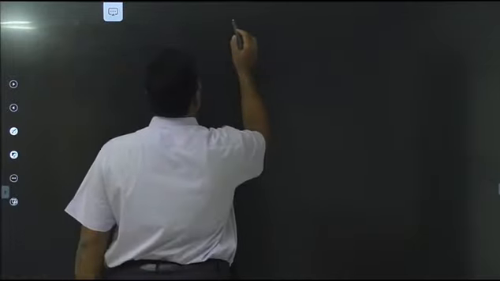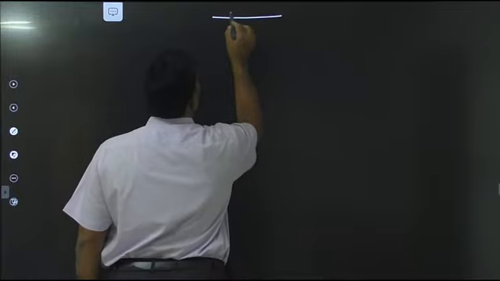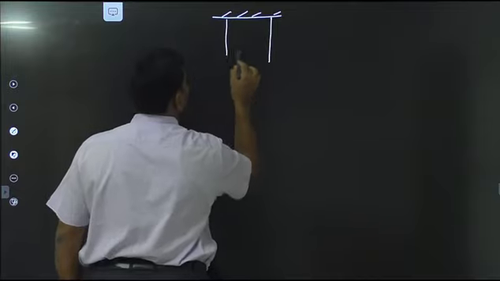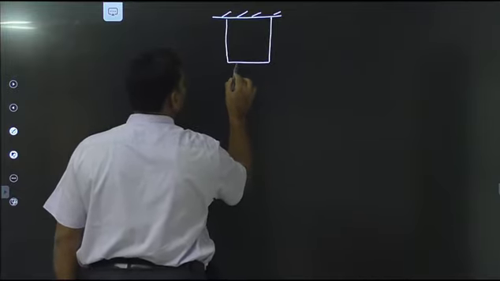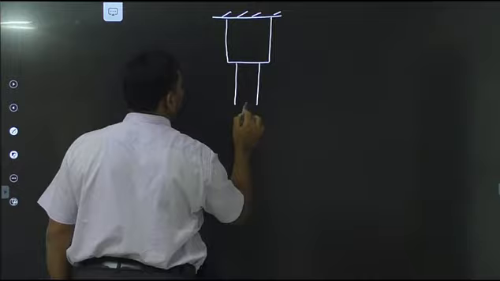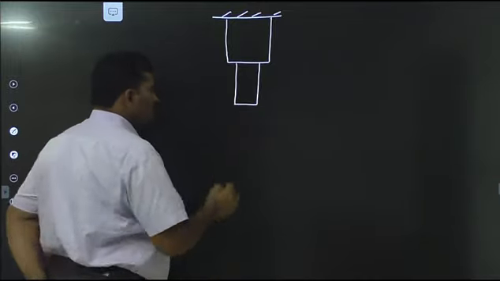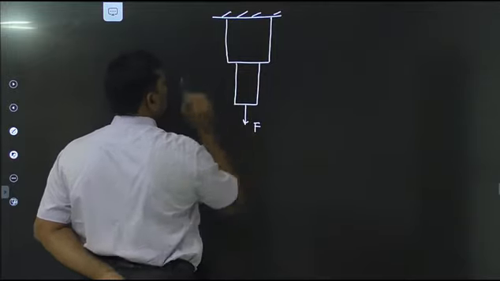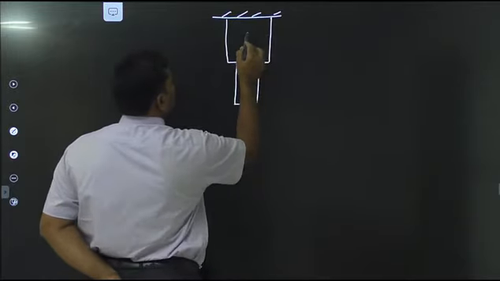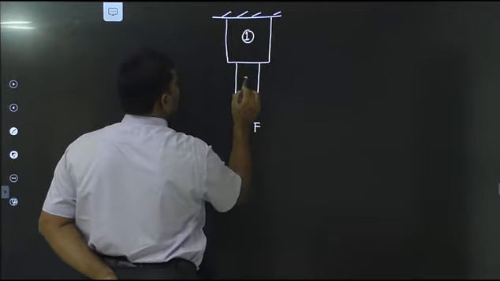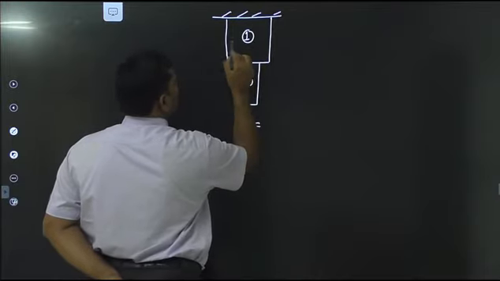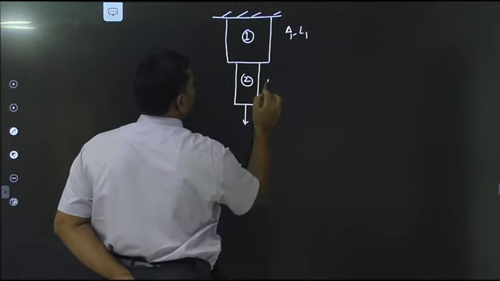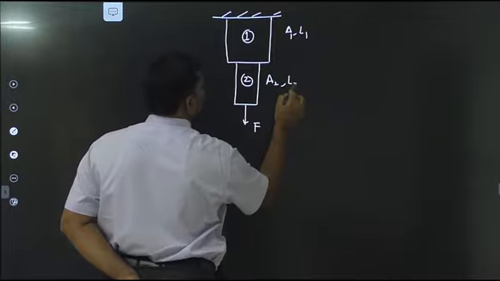Again, what I do is I take the same problem. I have an elastic solid with two abrupt changes in cross section. This is the force acting vertically downward. This is first element and this is second element. The cross section area of this is A1 and its length is L1. The cross section area of this is A2 and its length is L2.